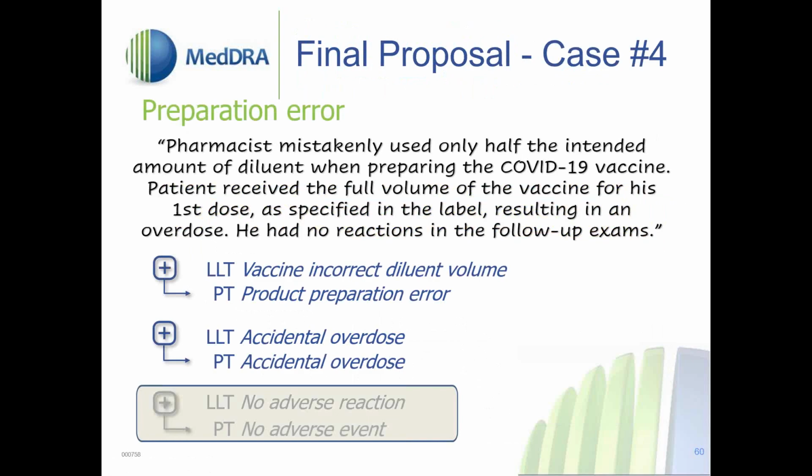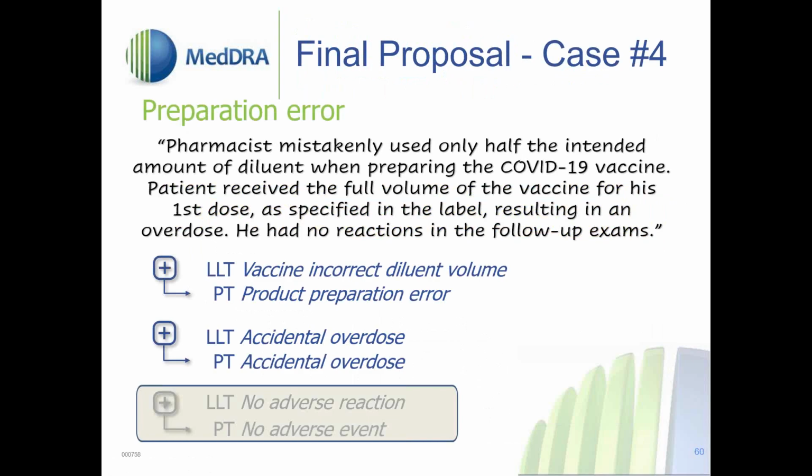And then could you just distinguish for us between, in this scenario, why you would choose accidental overdose and not vaccine overdose? Because surely with the accidental element, you've captured that already with your other choice of PT. Yes, but the vaccine overdose on the PT level, you just end up with overdose.